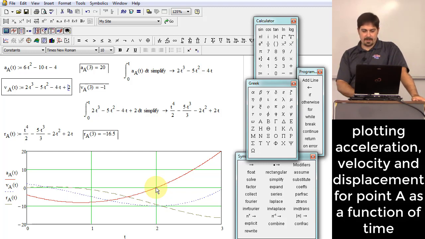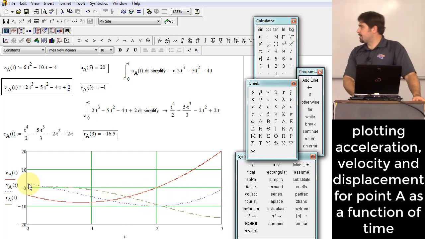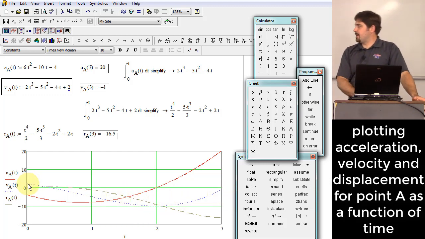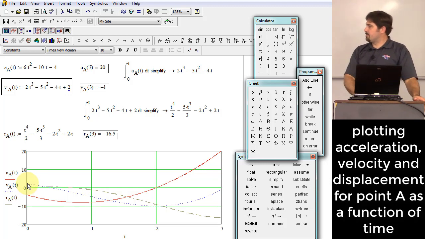Where the acceleration starts to go positive, the blue curve, which is velocity, stops declining and starts inclining again. So that makes sense. With that blue dotted curve, you'll also notice it does start with a positive number. That's due to that initial velocity condition.